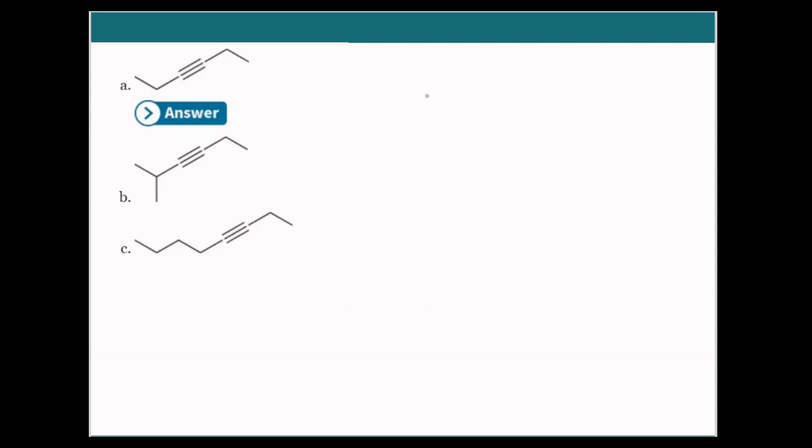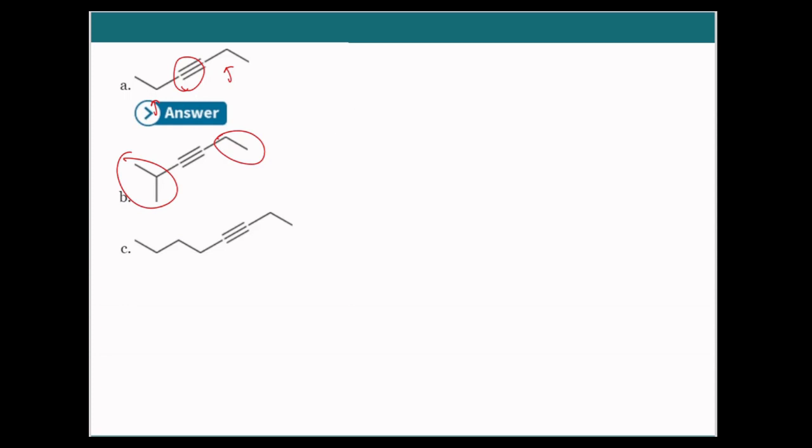Okay? So let's go ahead and work a couple of problems naming these using the common name method. So for A, we have our alkyne functionality, and then we have 2 carbons on either side of the alkyne. So those two carbons are ethyl groups. So this would be diethyl acetylene. For the next one, we have an ethyl and an isopropyl.